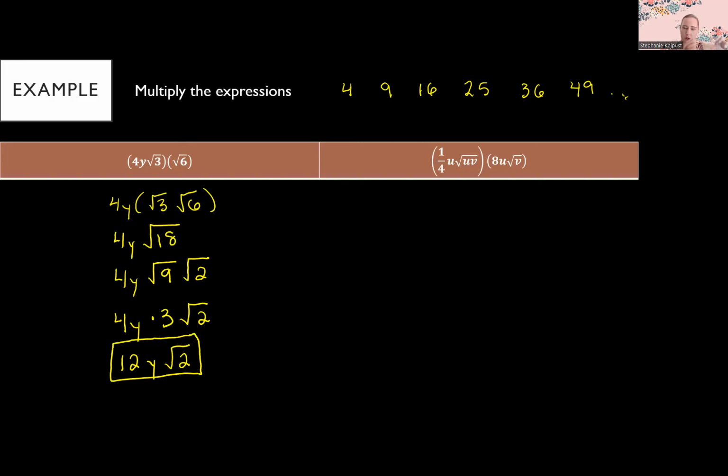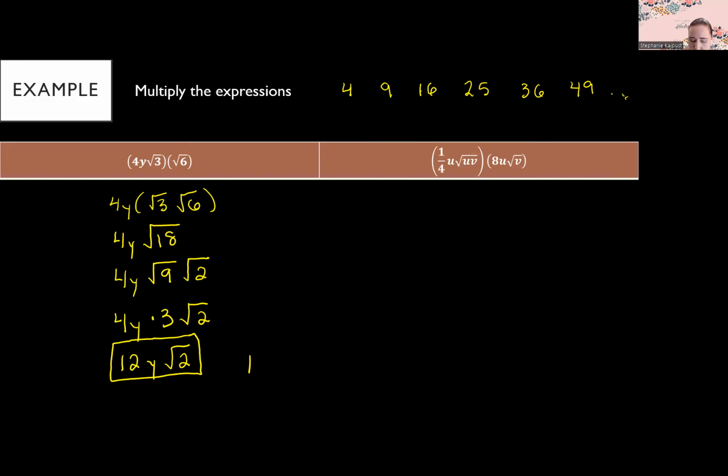We always put our numbers and variables in front of the radical because if you put it in the back of the radical, sometimes if you are not very clear with your handwriting, it's hard to tell whether the stuff is in or out of the radical.